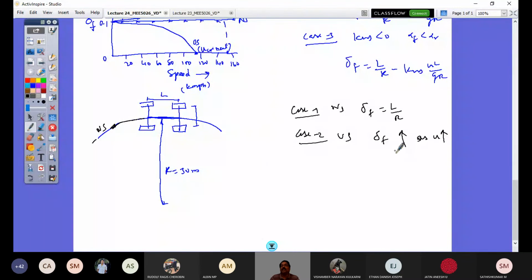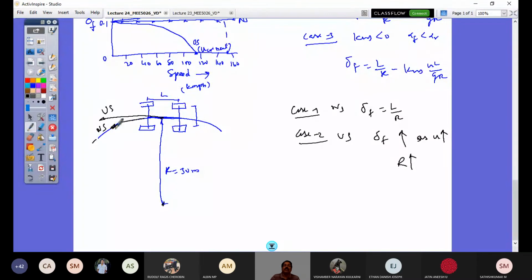As the delta F requirement increases with speed, the turning radius also increases. So your vehicle's CG keeps moving along an increasing radius. This would be the understeer effect. See now, at this point it is R. If I take this point, the center is not changing, but the turning radius keeps increasing.